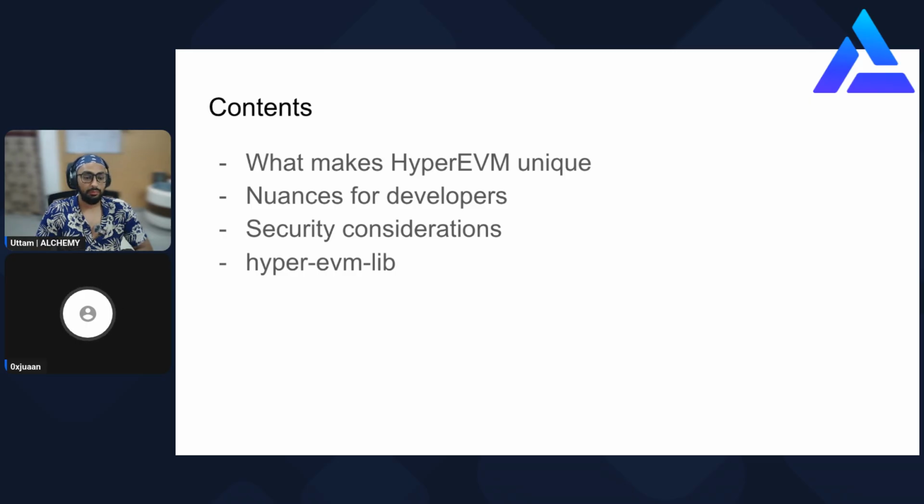And then also a few security considerations that are important for any developer if you're using these unique aspects of HyperEVM. And then finally, I'll go over the HyperEVM lib, what it is, why developers will find it useful, and how it can save you a lot of time when building smart contracts for HyperEVM.